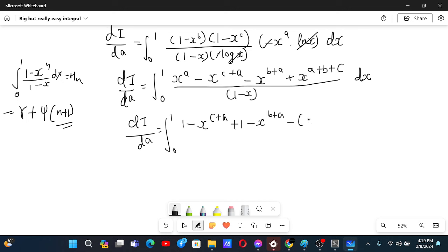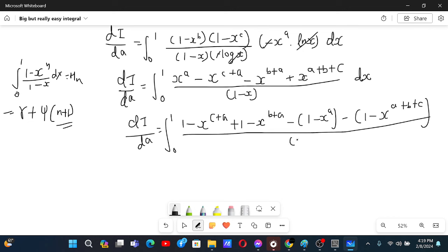So minus of (1 minus x to the power a), which is basically minus 1 plus x to the power a, so the minus 1 will cancel with the other one, and this is also minus of (1 minus x to the power a plus b). Basically the ones will cancel and the others will remain as they are, over 1 minus x. Now we can distribute the 1 minus x to each of the expressions over here.